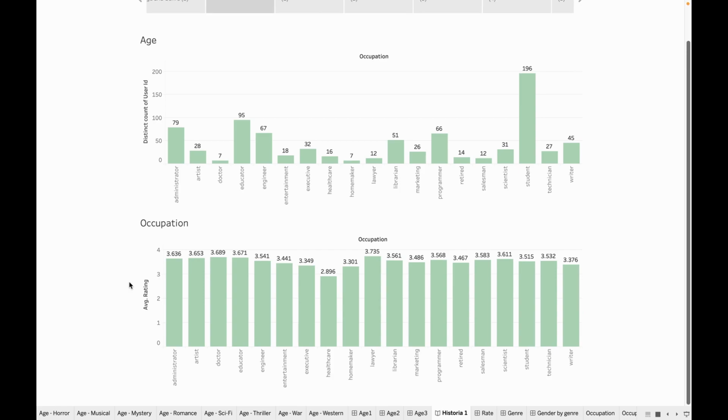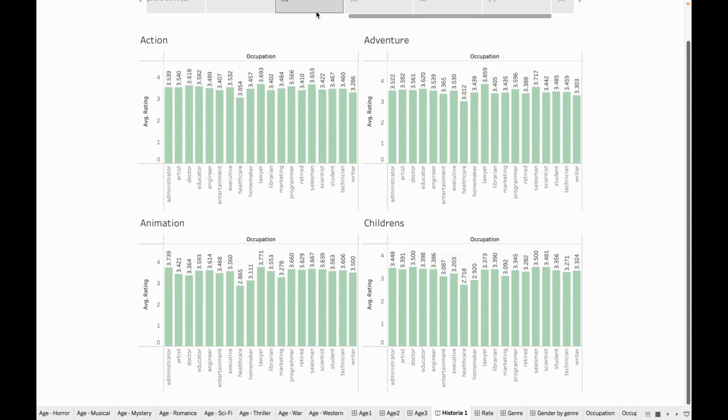So same as we did before with the other features, we are going to study the rate by occupation.